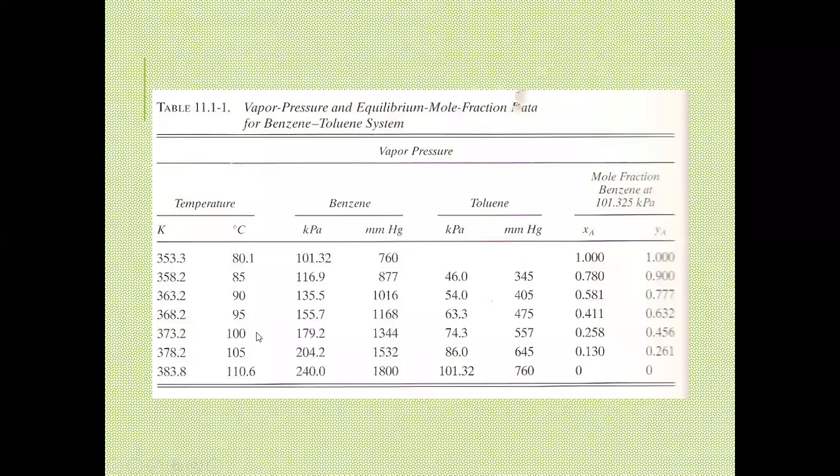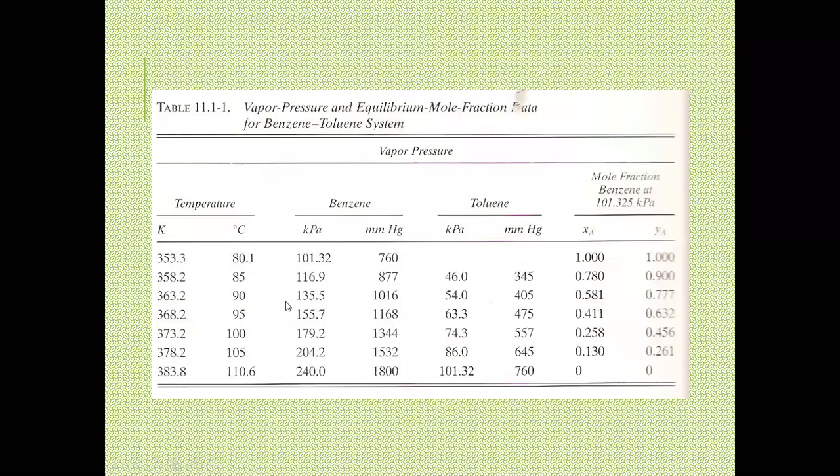Now, I do have a question though. What happens if the temperature that is given is not one of these temperatures here? For example, instead of giving a 90, or a 95, what is given is 97.5. What will you do? The problem gives you for a benzene toluene system that the temperature is at 97.5.